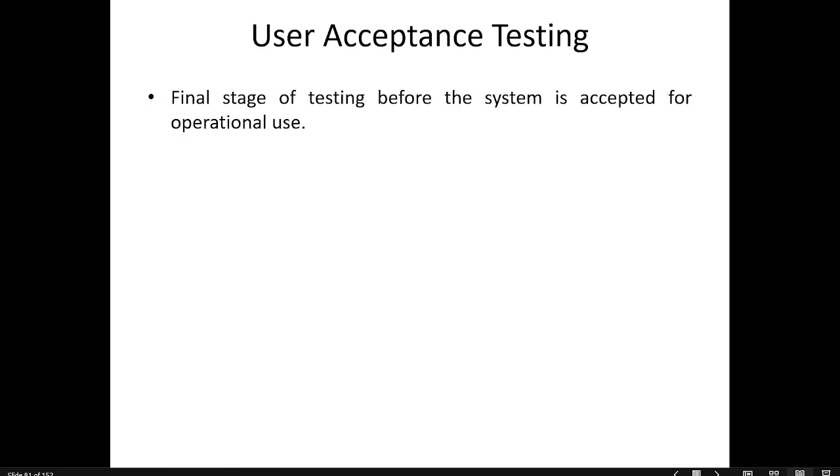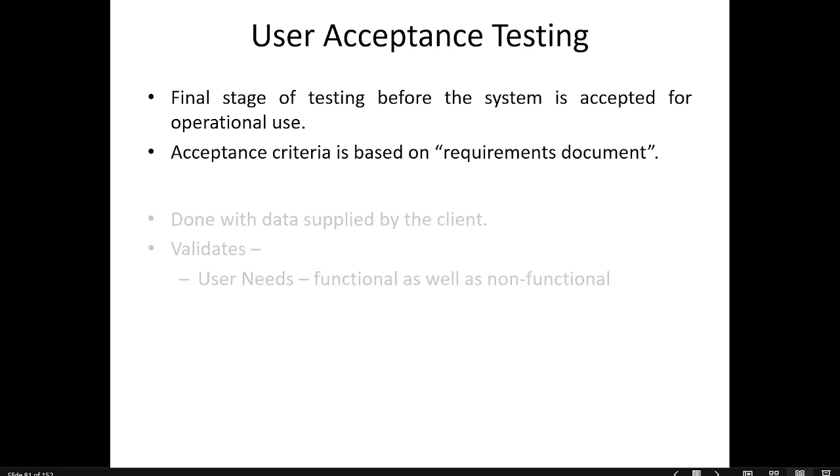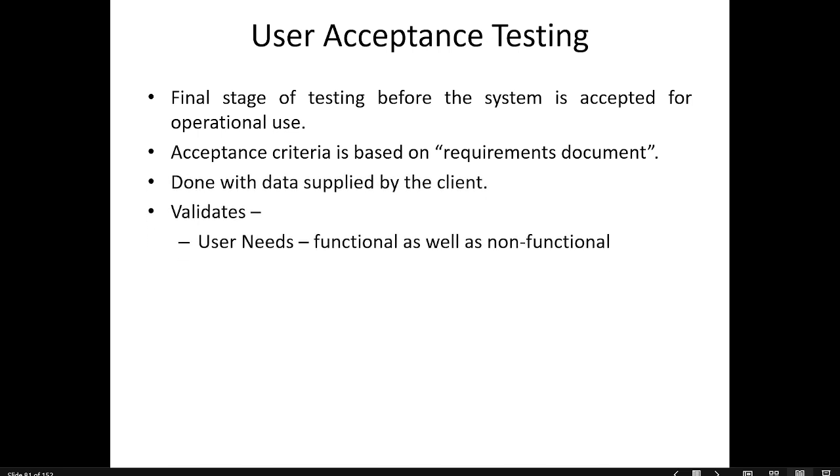User acceptance testing is the final stage of testing before the system is accepted for operational use. Acceptance criteria are based on the requirements document, 100% based on the requirements document, because requirements are frozen and finalized by the customer. Done with data supplied by the client. Now, here is one term which I would like to introduce, test data. Test data is divided into two types.